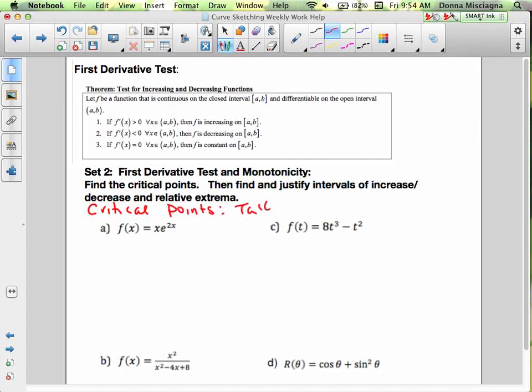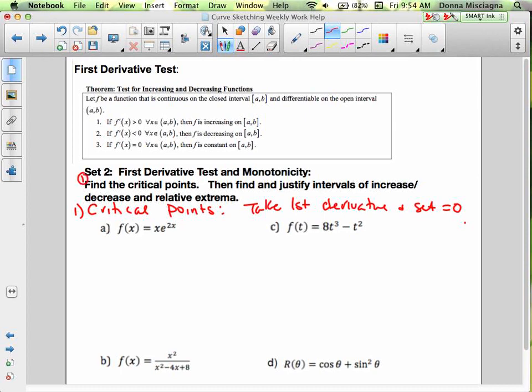Take the first derivative and set it equal to 0. To find your intervals of increase and decrease, you then make a sign chart. So this is the first step, and that's how you find your critical points.